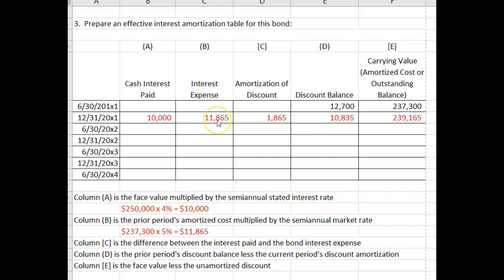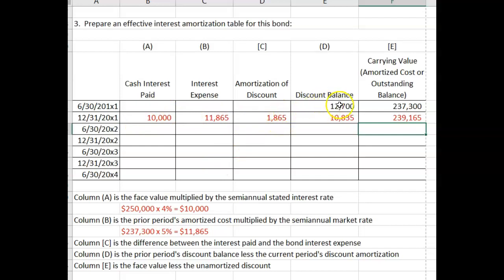The interest expense is calculated at the prior carrying value times 1/2 of the market rate of interest, or $11,865 for the December 31st X1 bond interest payment. That number will change every time. This number will remain the same. This number will be different every time. The difference between these two is $1,865.